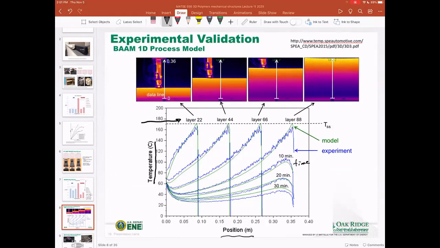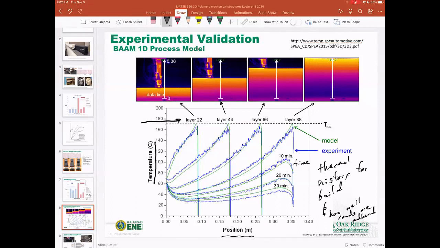So they know what the thermal history is for the build. And from the thermal history, you can determine how well roads are adhered, and things like thermal stress and all the rest.